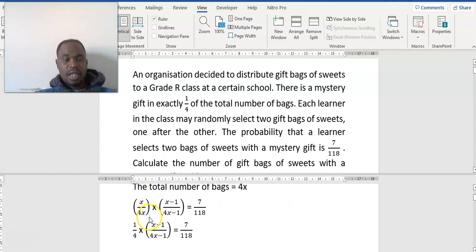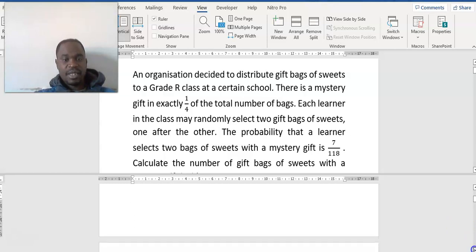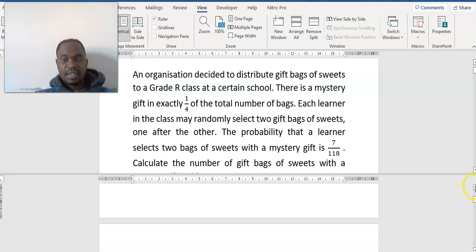Now this x is going to cancel. We are going to have 1 over 4, and we can transpose this. It's multiplied, so it's going to divide, so it's going to be the reciprocal. So the 4 will go up and the 1 will come down. Let's simplify this one using our calculator.